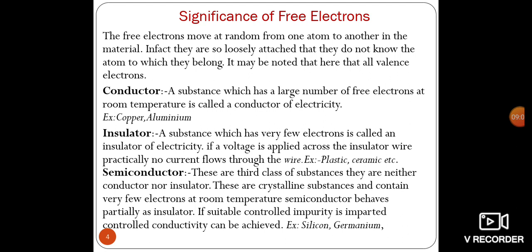By doping techniques, we introduce impurities into the semiconductor material, and because of that we can achieve controlled conductivity. At room temperature it behaves as an insulator because of the few free electrons, whereas if impurities are doped, it can act as a controlled conductor.